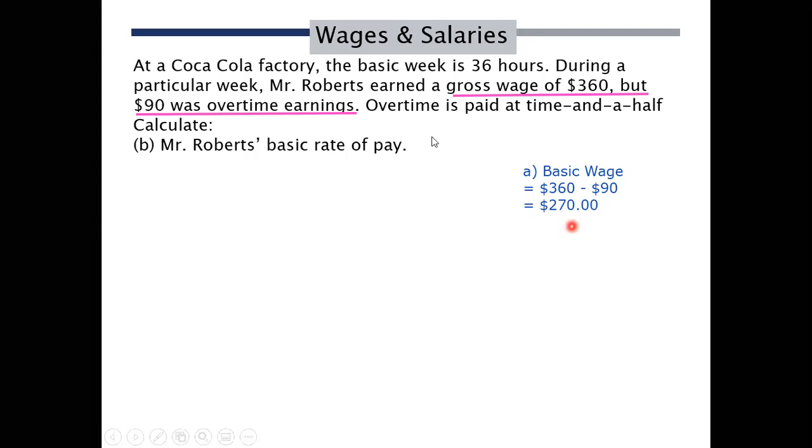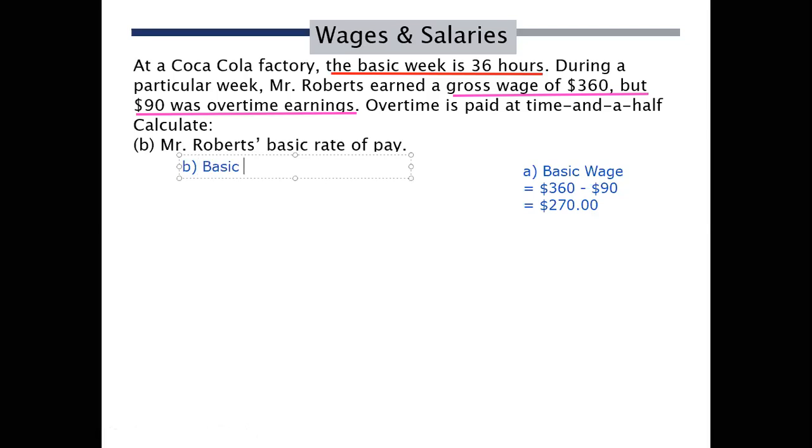And then we also know how many hours he worked in a basic week. The question told me that a basic week is 36 hours. And so if I put these two pieces of information together, we can easily find his basic rate of pay.